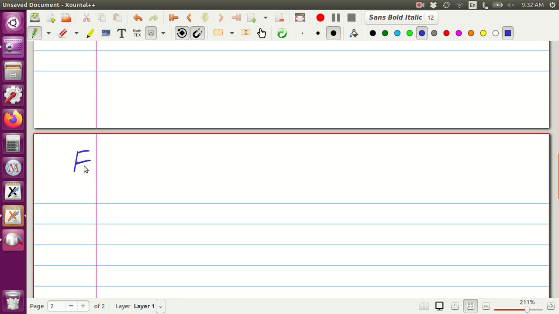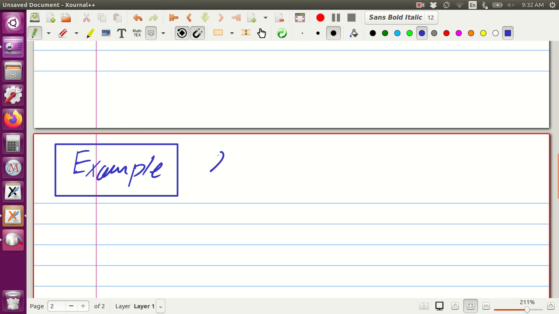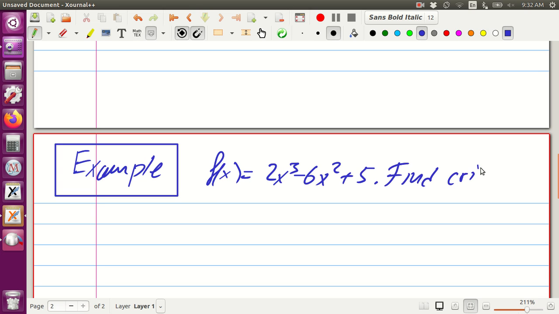And the first example we're going to do is this example. f of x is equal to 2x cubed minus 6x squared plus 5. The assignment asks us to find critical points and classify them.